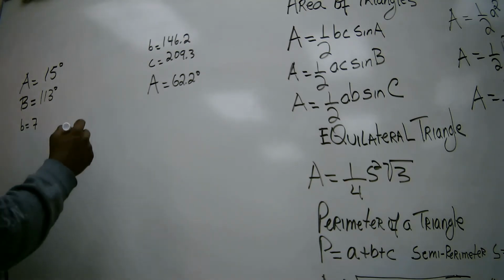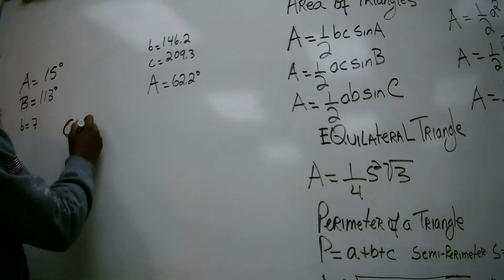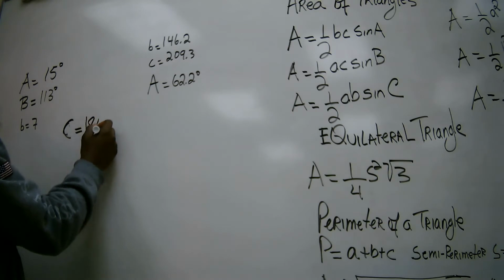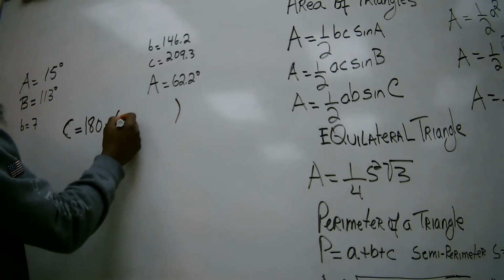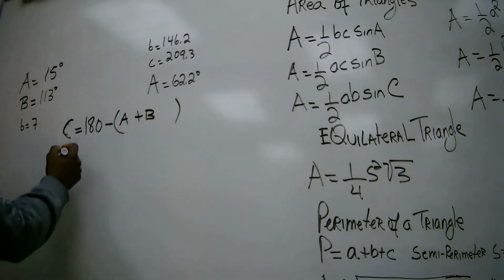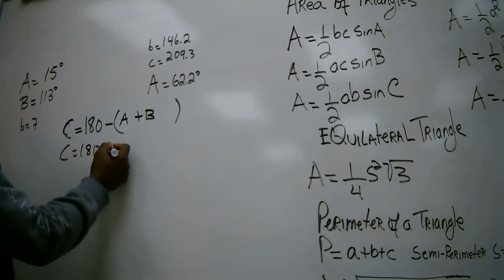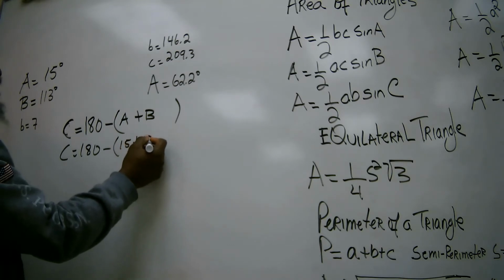Now, in order to find angle C, remember that the 3 interior angles in a triangle will always add up to 180. That will be 180 minus the 2 angles that are given to you, angle A plus angle B. So you will end up with C equal to 180 minus (15 plus 113).